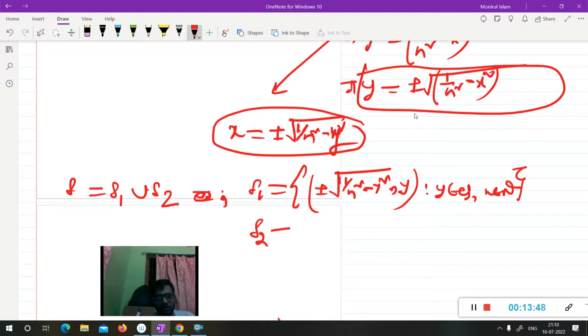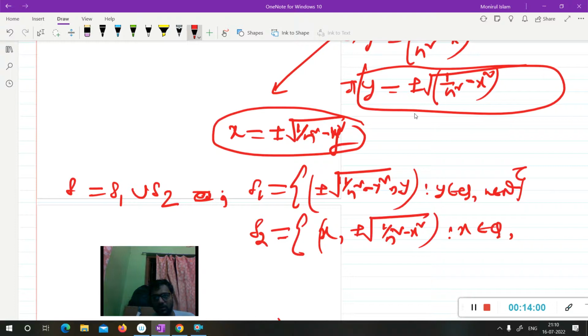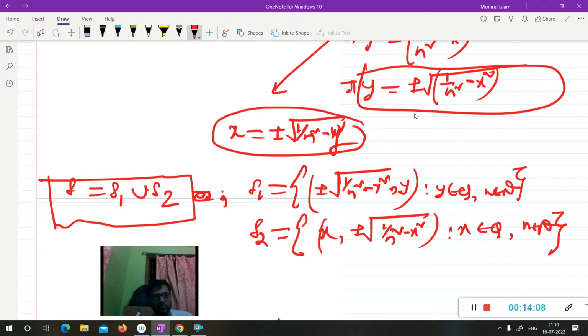And S2 is nothing but this is x and plus minus root under 1 upon n square minus x square, you can say, where x belongs to rational and n belongs to natural number. Now see, y belongs to rational number, n belongs to natural number.